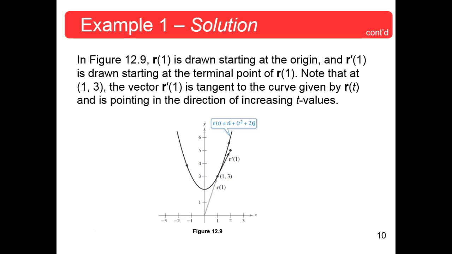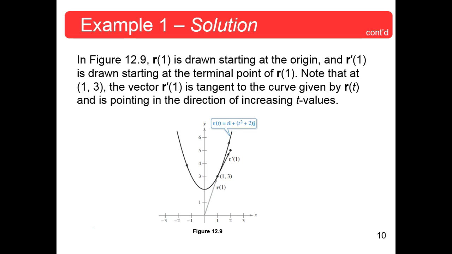And here they've done it all at once. Here's the vector r of t equals t i plus (t squared plus 2) j, which is exactly that shape we had before. The vector r of 1 is that one right here that goes from the origin to the point (1, 3), and then r prime of 1 was pretty much what we did: go right one and up two, and sure enough, that's it.